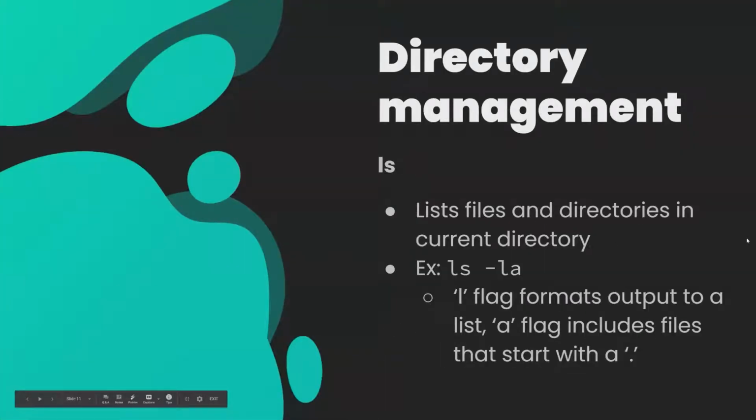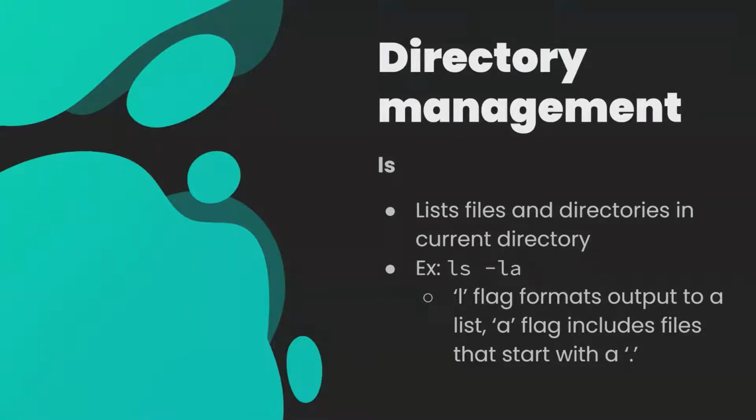So the next command is ls, and this basically lists files and directories in the current directory that you're in. An example of this would be ls -la, and those letters after the dash are called flags, and flags basically modify the behavior of the command.